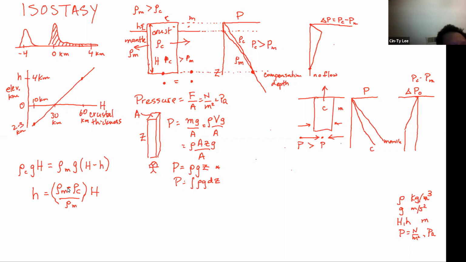And so if you go back to my plot here of elevation versus crustal thickness, well, the slope of this line essentially is, if I call this thing delta rho over rho, this slope is equal to delta rho over rho.